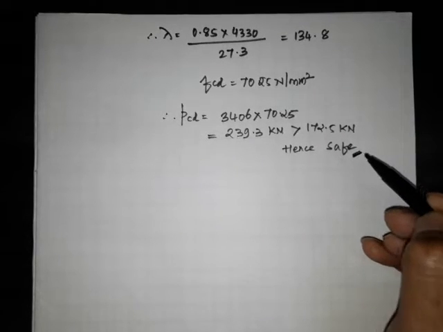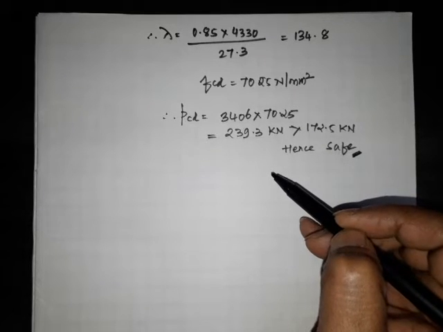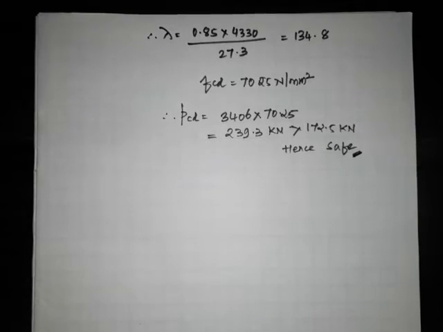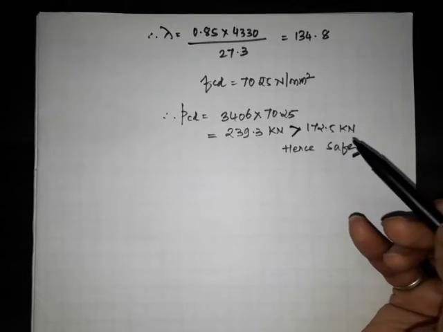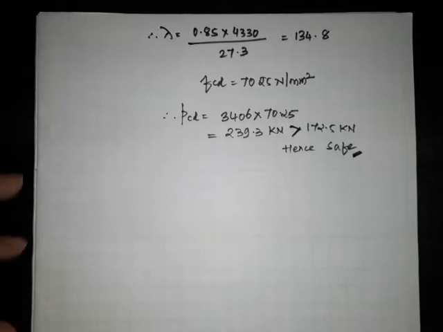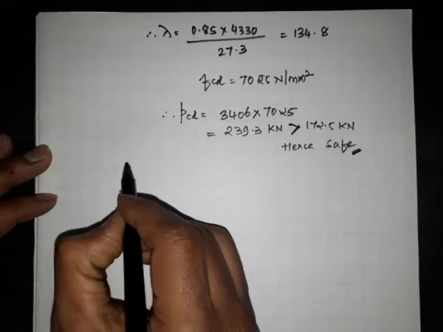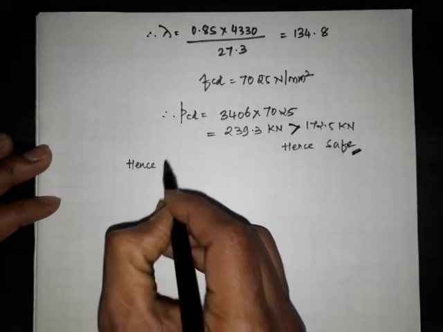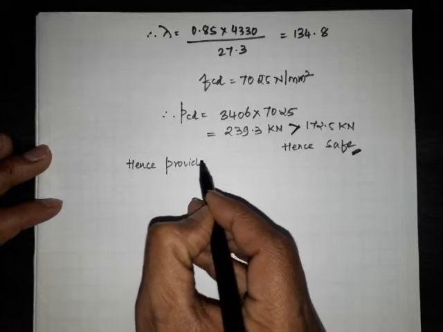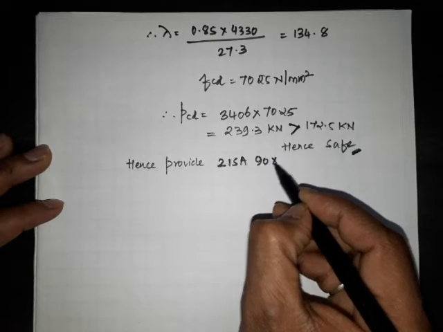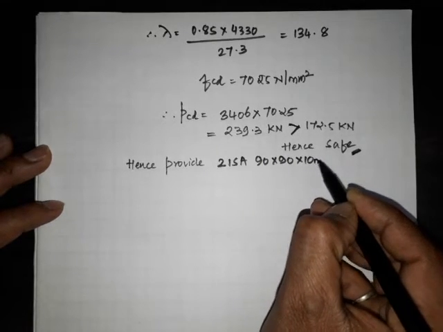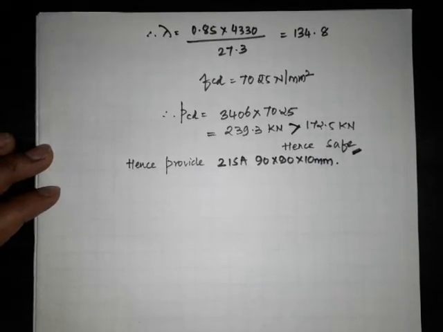So we got the member 2 ISA 90 by 90 by 10, and it is safe to carry the force. Hence provide 2 ISA 90 by 90 by 10.